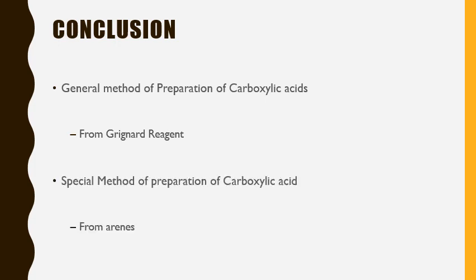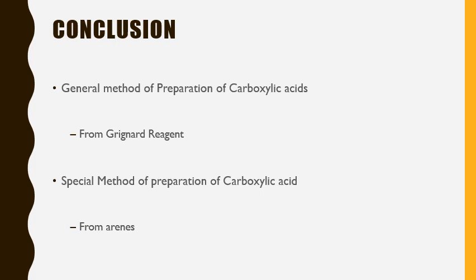In the conclusions, in today's class, we have seen the general method of preparation of carboxylic acid from Grignard reagents. In the previous class we saw the general method of preparation of carboxylic acid using hydrolysis of acid derivatives.